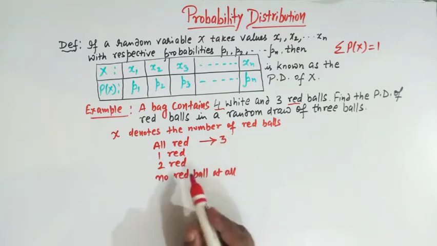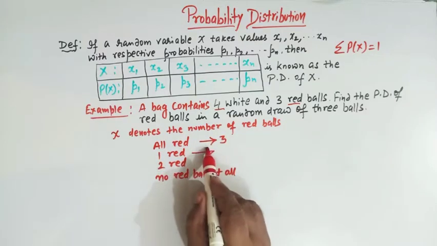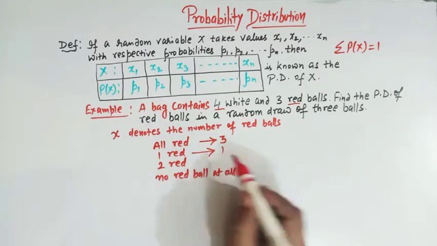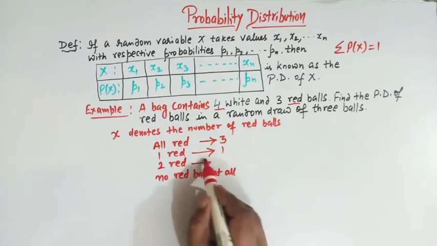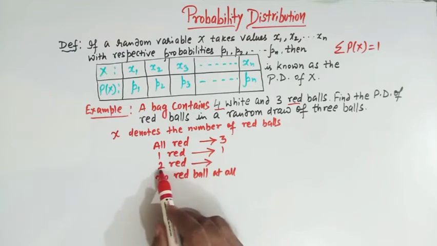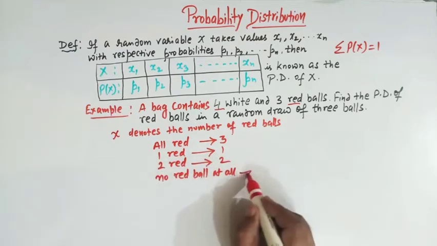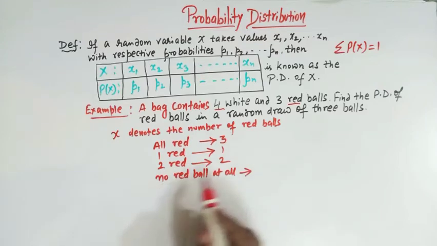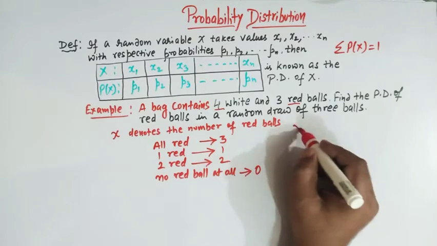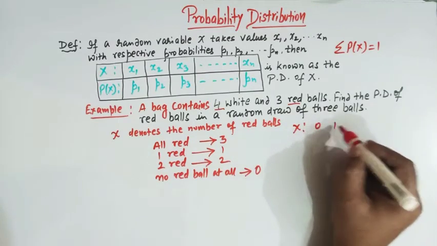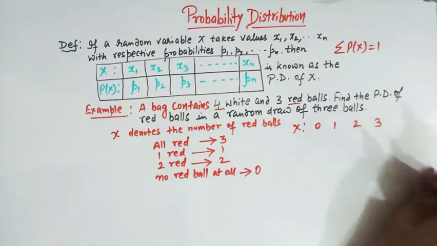When we have one red ball, X takes the value 1. When we have two red balls, it takes the value 2. And when we have no red ball at all, X takes the value 0. So X can take values 0, 1, 2 or 3, right?